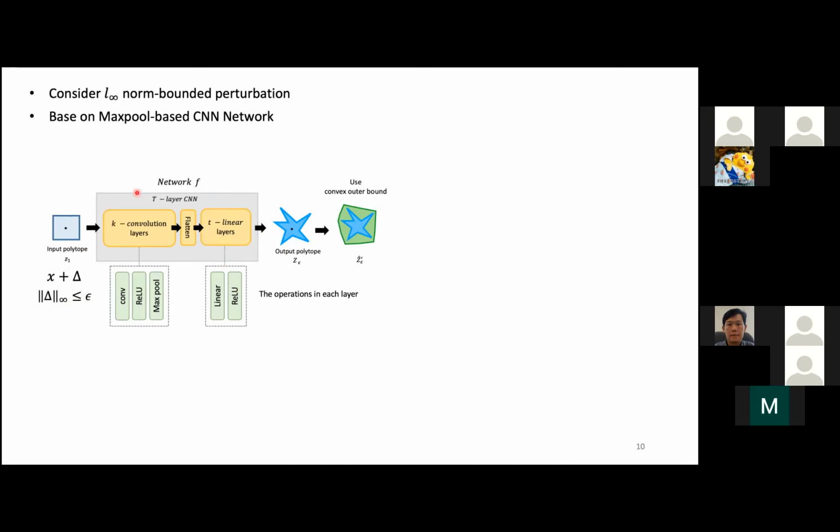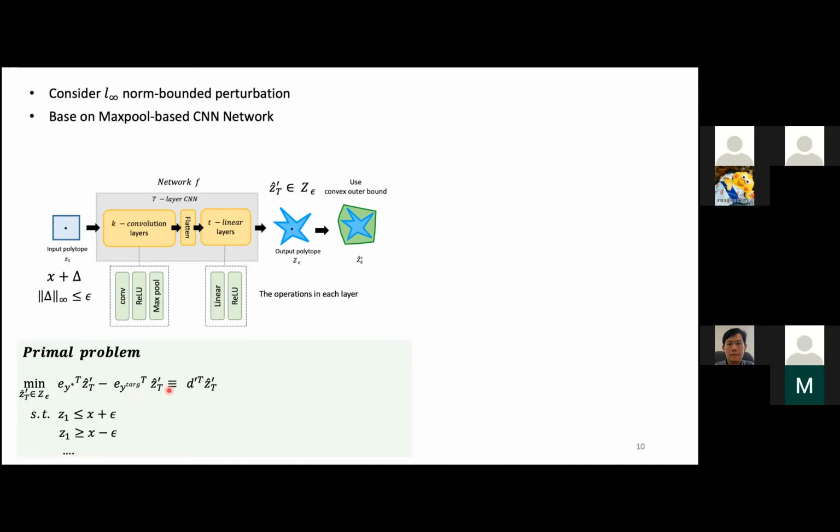So how do we verify it? We can check each point in the output polytope. If each point satisfies that it is close to the ground truth and far from the other classes, then this will result in a value that is larger than 0. But actually, we don't have to check each point one by one.